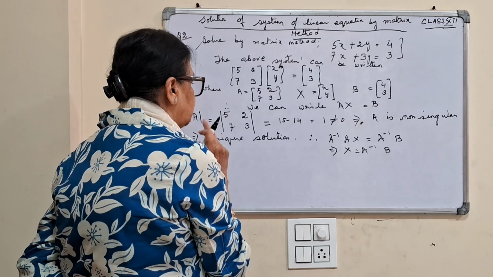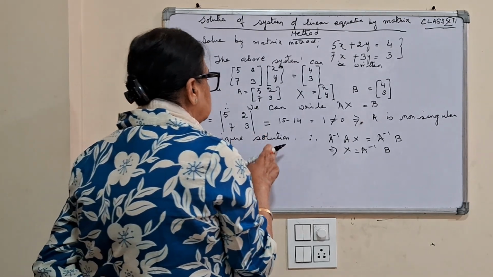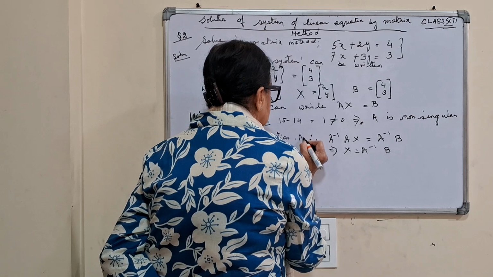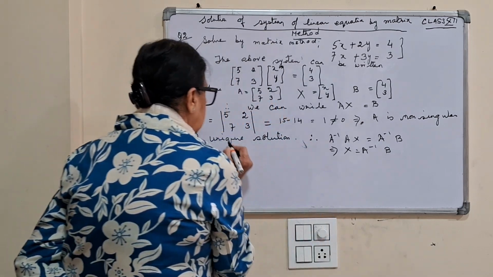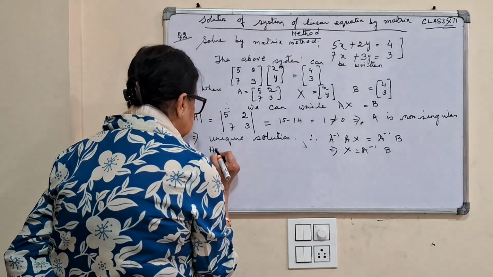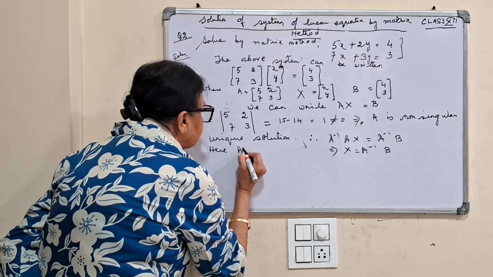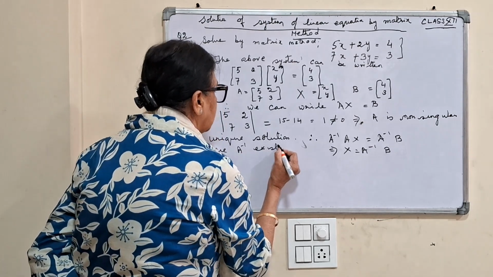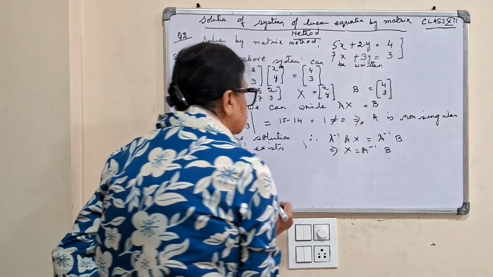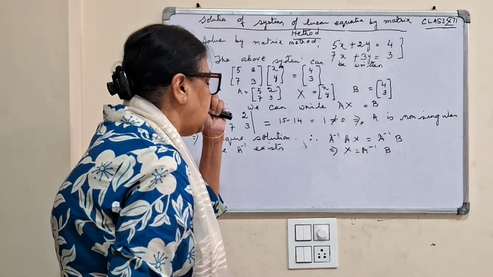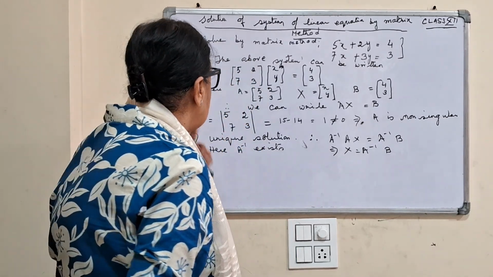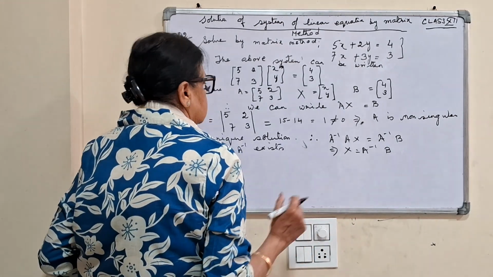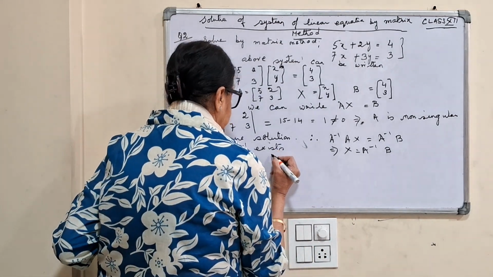Here one thing I have to write, that is unique solution and A inverse exists. Why have I told you that A inverse exists? Because I can multiply by A inverse, since A inverse exists.